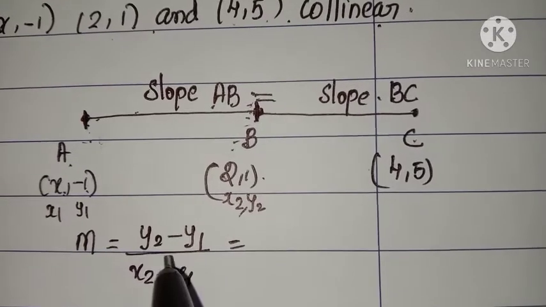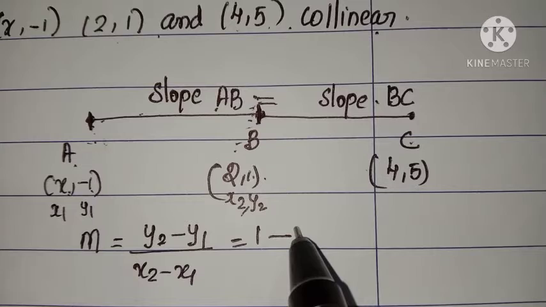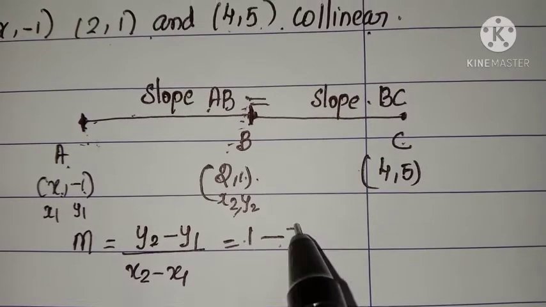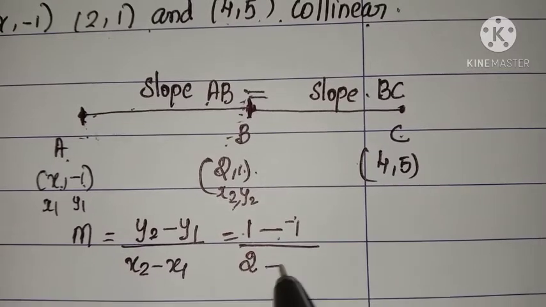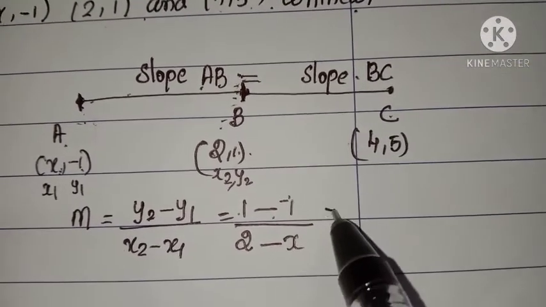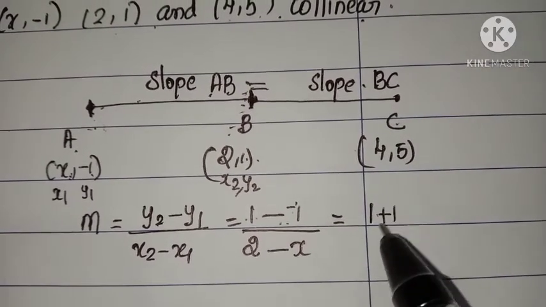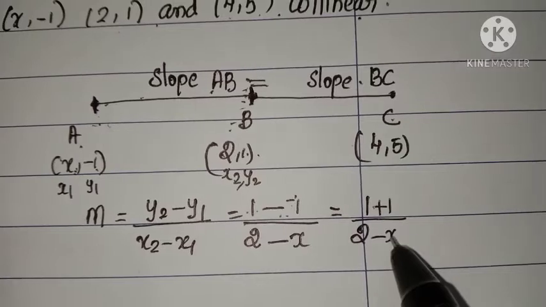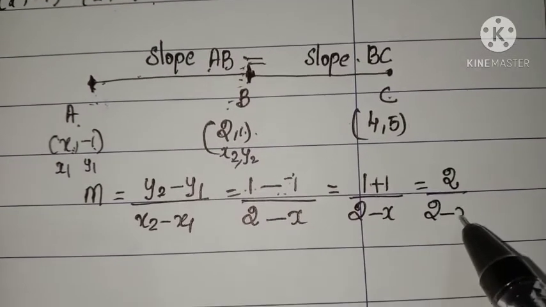So put y2, y2 is 1, y1 is -1. So 1 minus (-1) divided by x2, x2 is 2, minus x1, x1 is x. Now simplify: 1 minus (-1) is 1 plus 1, by 2 minus x. 1 plus 1 is 2. 2 by 2 minus x.